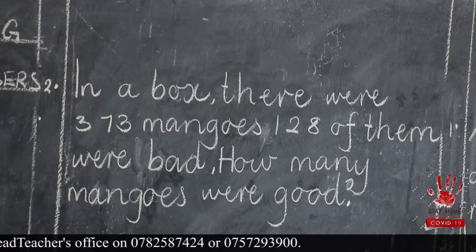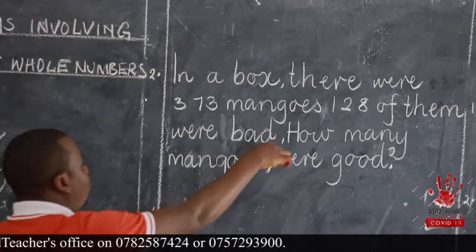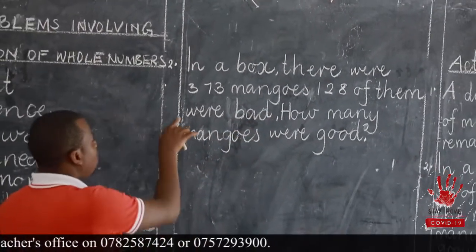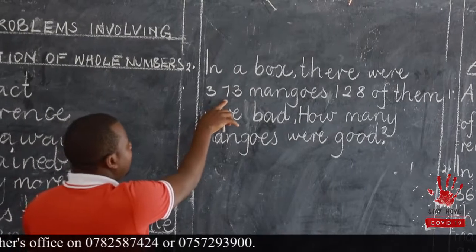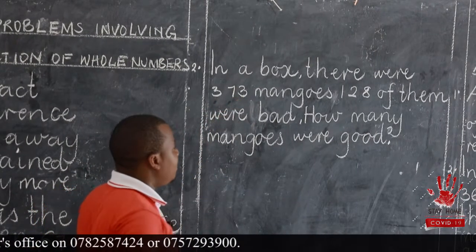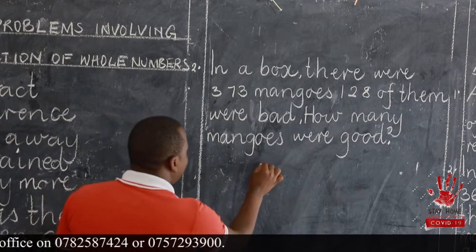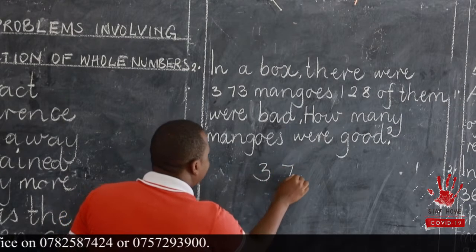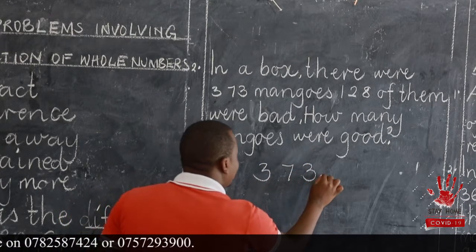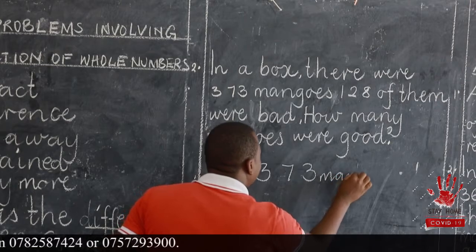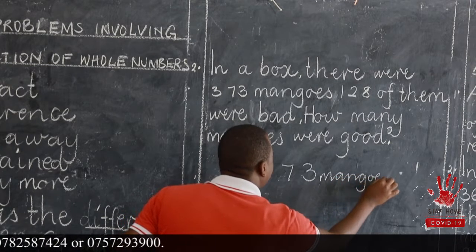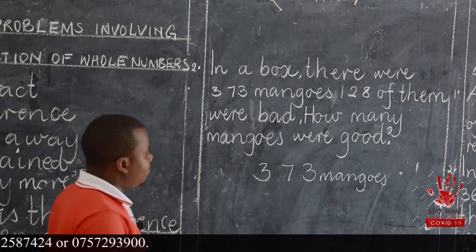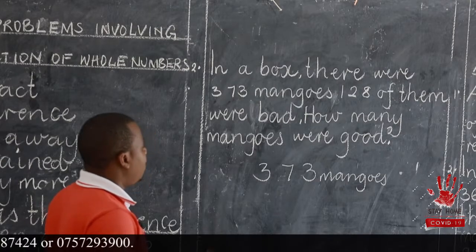So what are we going to do? In the box, it was a big box. So there were how many mangoes? 373 mangoes. So when I'm writing this, I will have 373. Then don't forget that it has units. 373 mangoes.